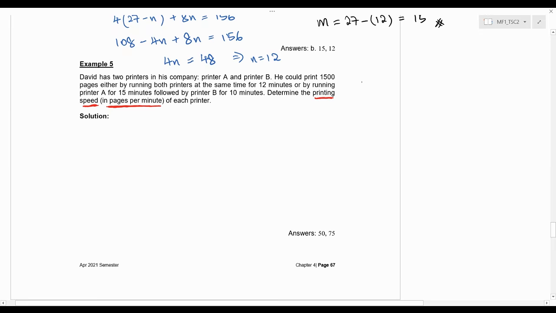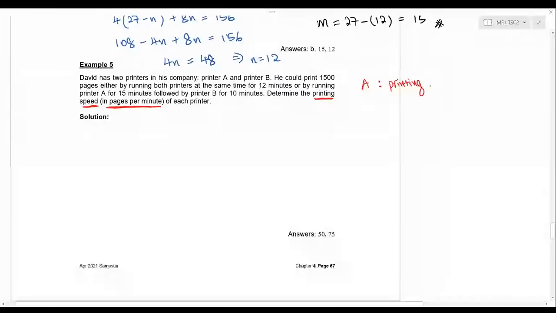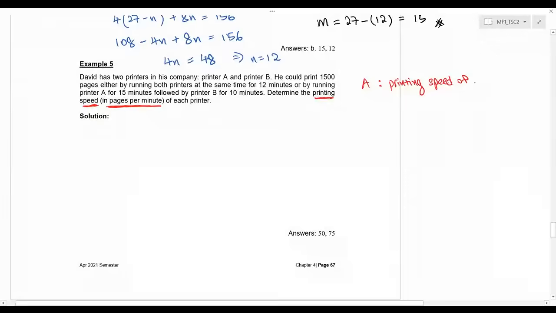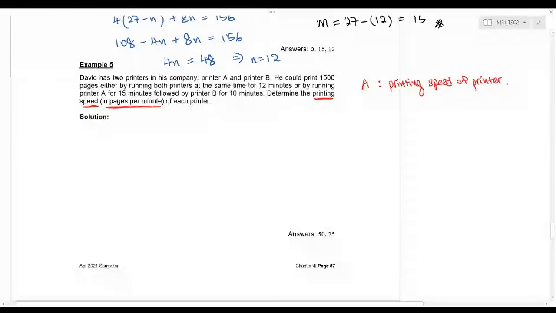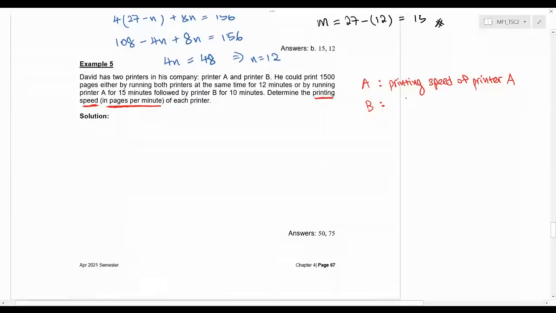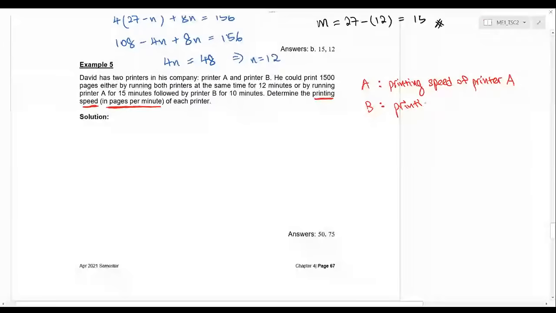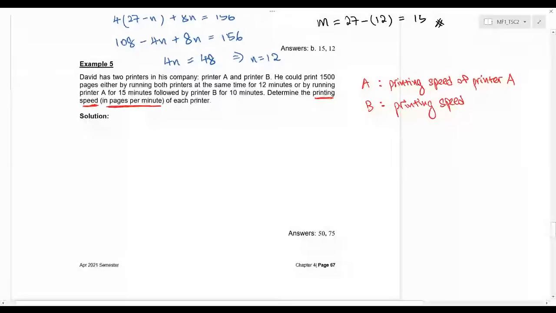Right, so I'm going to label A. I'll use A to be the variable which is the printing speed of printer A. At the same time, you can also label B to be the printing speed of printer B. So you don't know what the printing speed of printer A is.